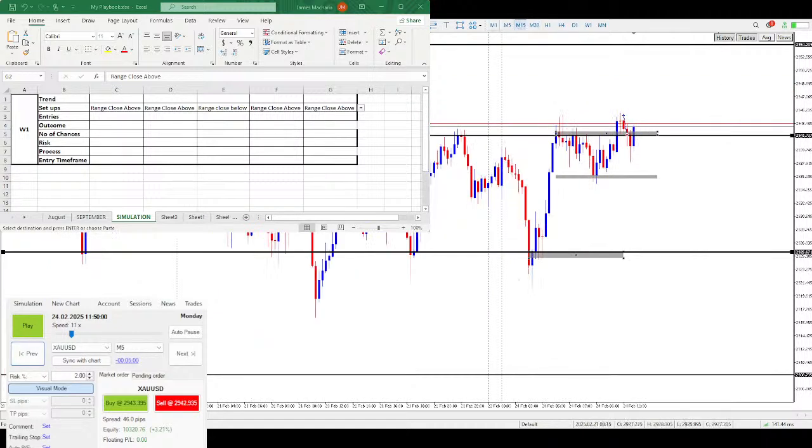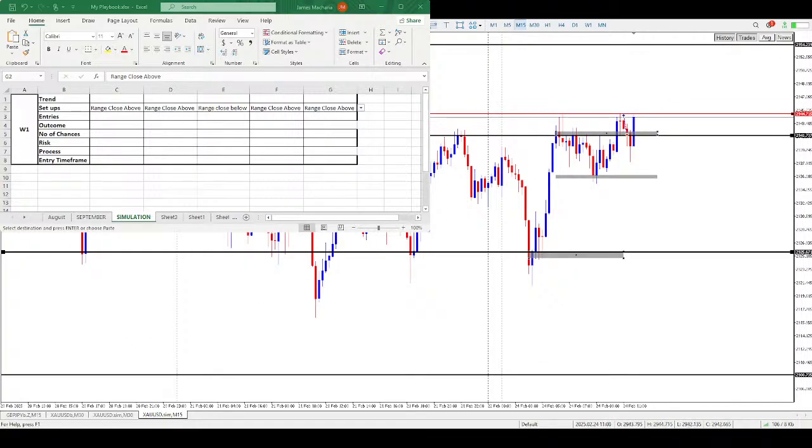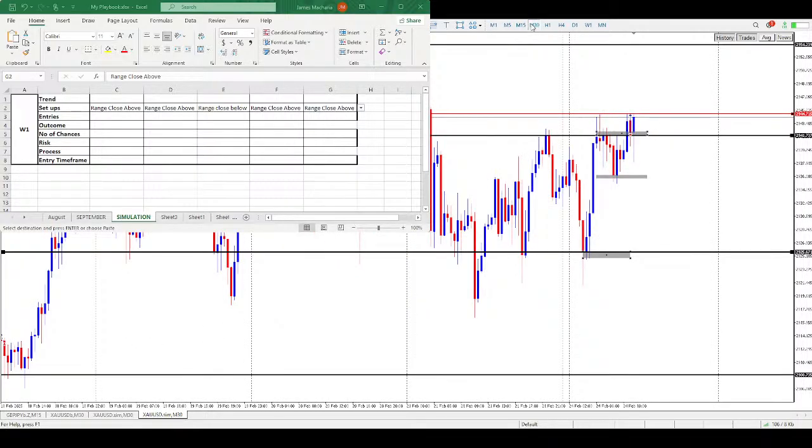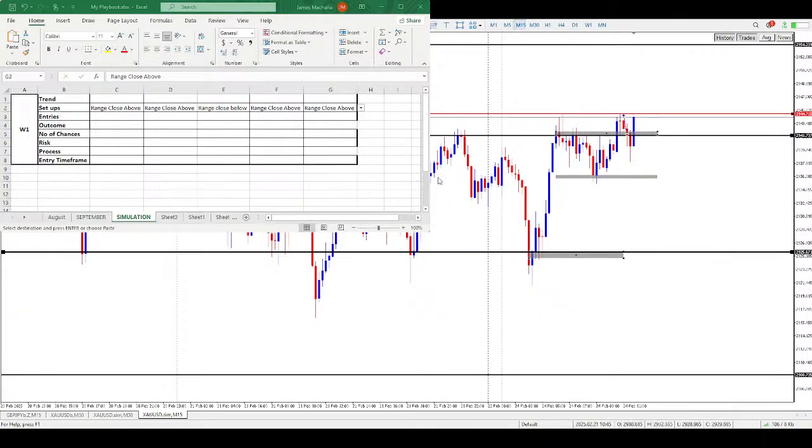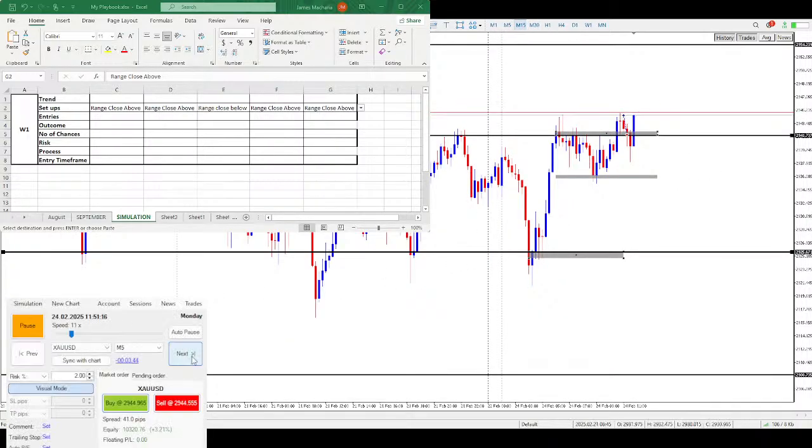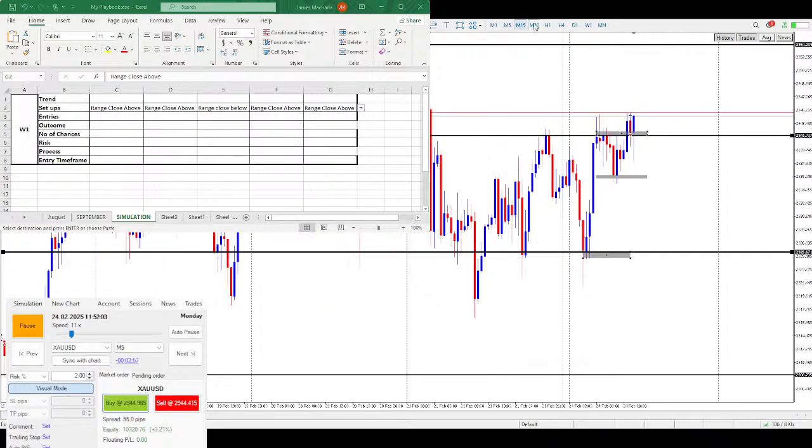This is okay. I didn't get a chance to give this trade a second chance. Yeah, I could have given that trade a second chance there, but I didn't get a chance.